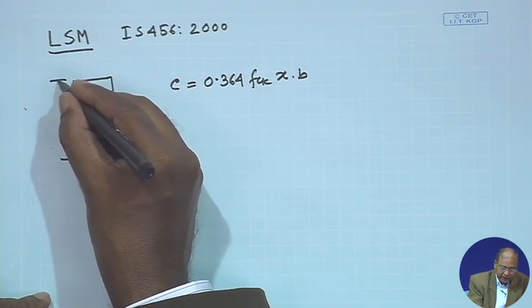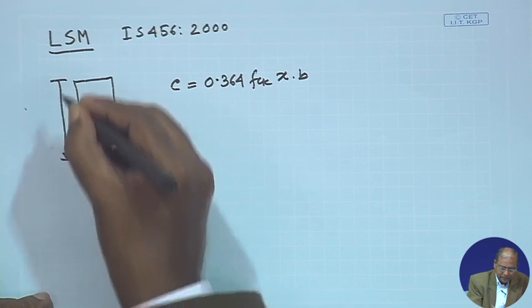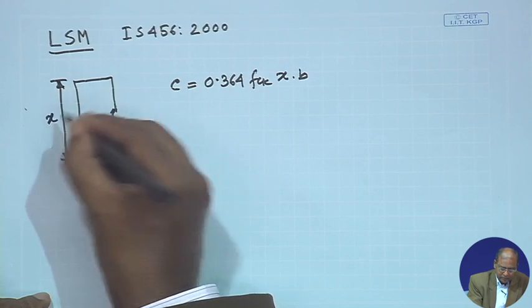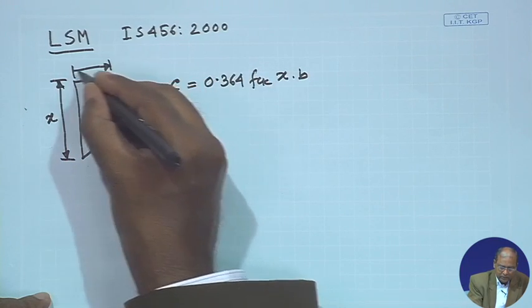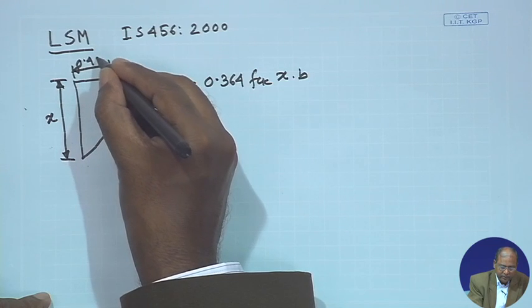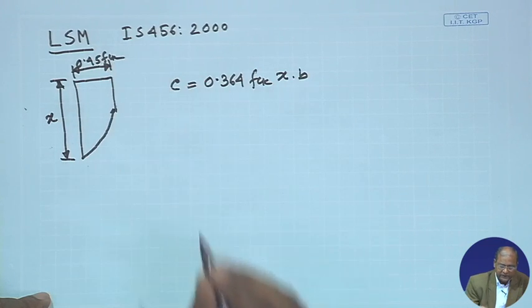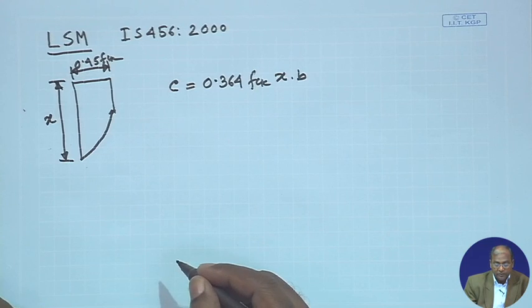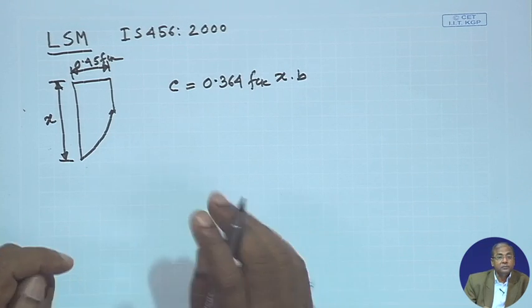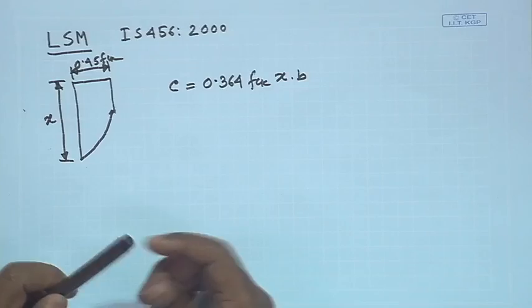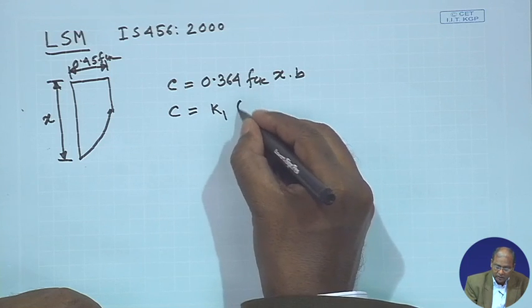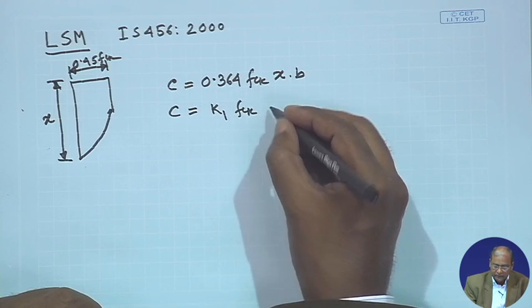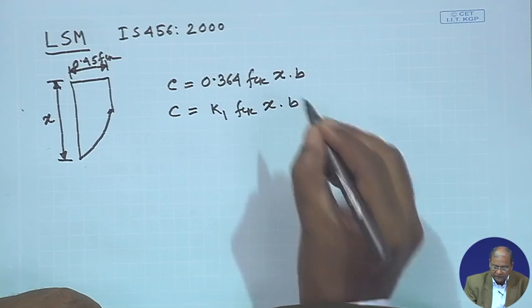So this is your x, this is 0.45 fck, and b is the width of the beam. We shall note this down, and this is what we call K1 fck x into b.